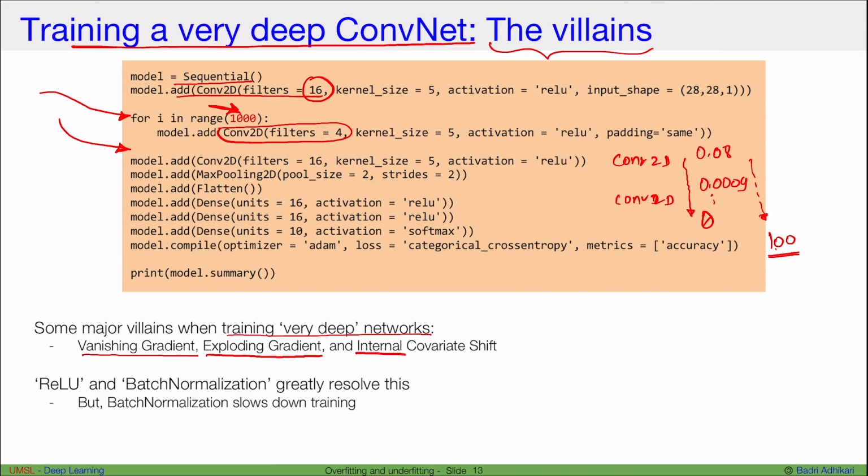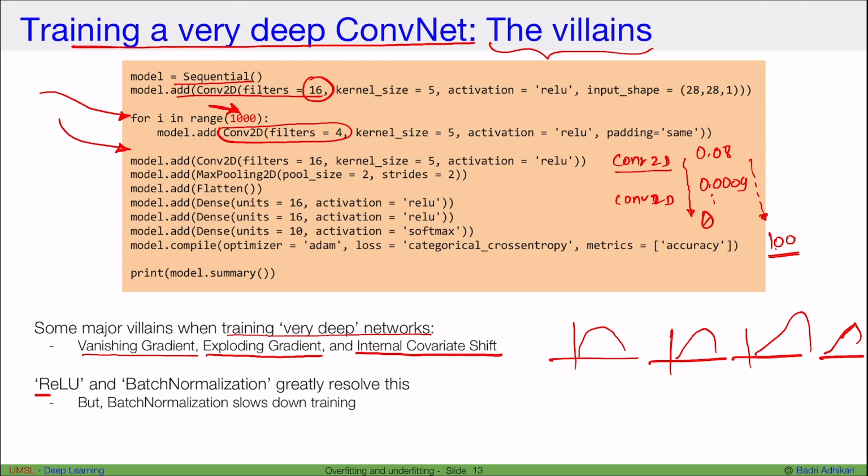Another problem is the internal covariate shift. That is the distribution of the values that come out of your convolutional layer. At the beginning, maybe like a normal distribution, it looks very good, but then gradually the values start shifting such that in the subsequent layers towards the end, your distribution looks very skewed, and the subsequent layers cannot accept anything reasonable.